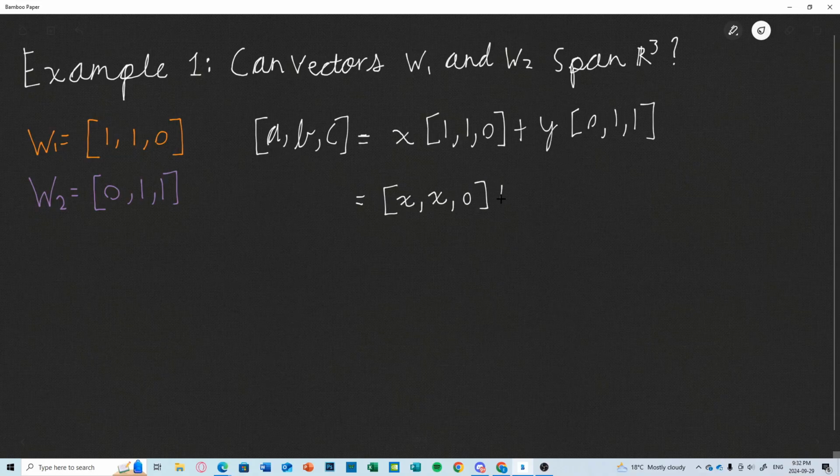Adding across, we add our first element plus our first element, our second element plus our second element, and our third element plus our third element, which gives us the vector (x, x plus y, y) at the end.